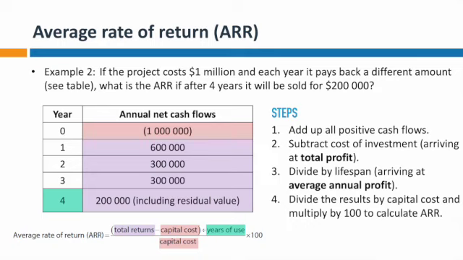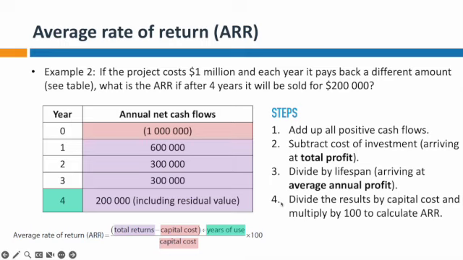This is for those who would actually like to use the textbook formulas. Then divide the result by the lifespan of the project, so the number of years of use. This will help us arrive at the average annual profit.